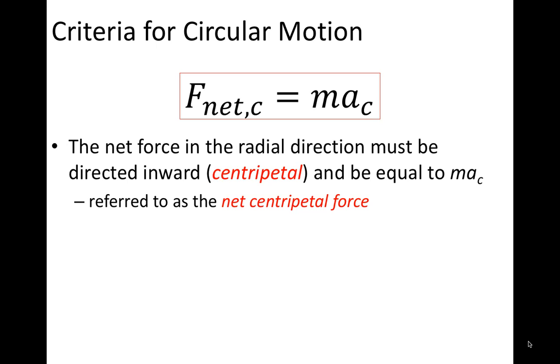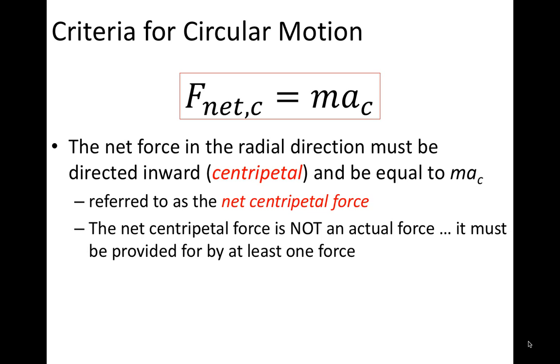And we refer to this net force as a net centripetal force to remind ourselves that that net force is directed centripetally towards the center of the circle. The centripetal force is not an actual force, just the way that a net force is not an actual force. It must be provided by at least one force. Usually it'll be a combination of 2 or more forces acting in the radial direction.